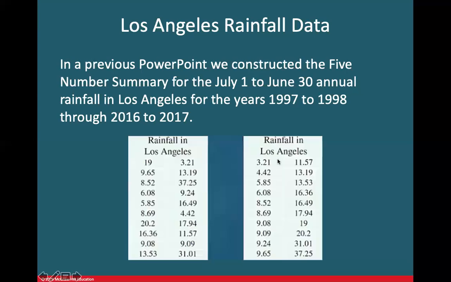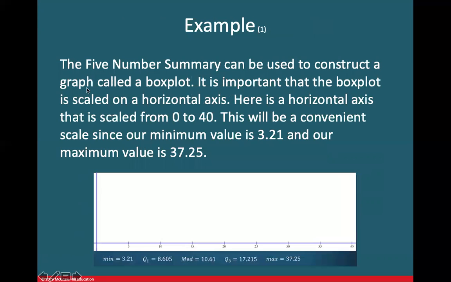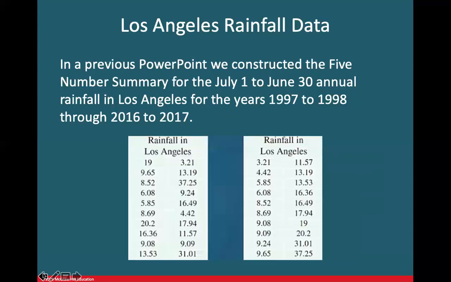So two different years, 97, 98 here, and 2016, 2017 here. Two different data sets we have. Now, the five-number summary can be used to construct a graph called a box plot. It's important that the box plot is scaled on a horizontal axis. Here is a horizontal axis that is scaled from 0 to 40. Why 0 to 40? Let's go back.